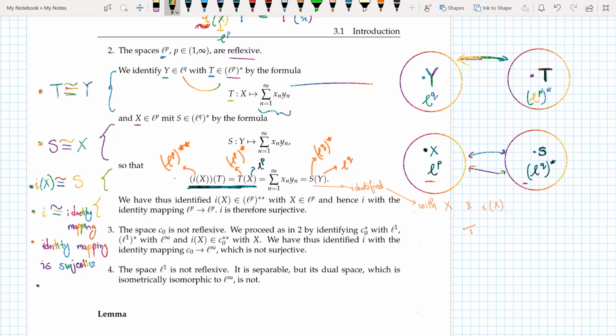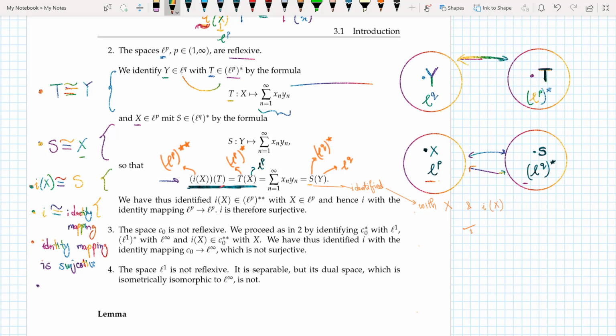And now the interesting thing is, I have this identity. I of X of t is equal to t of X, which is equal to this summation. Now this identity is fixed. It is like a predefined function. Now look at this isometry carefully and you'll see that this Y can be identified with T. So I of X can be identified with S, but S was identified with X already.